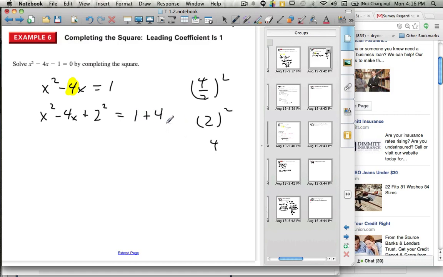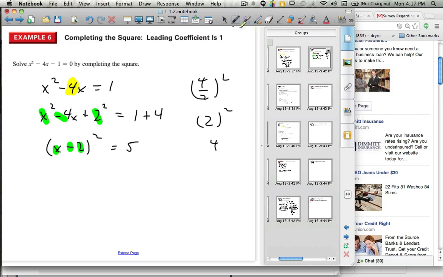And over here I have 1 plus 4. And I write it as 2 squared because we're now moving into this binomial x minus 2 squared. And I did that so I don't forget the fact that I'm looking for the 2. I'm not really looking for the 4. Right? It's important. When I make this binomial, I'm using this, this, and this to create the binomial.